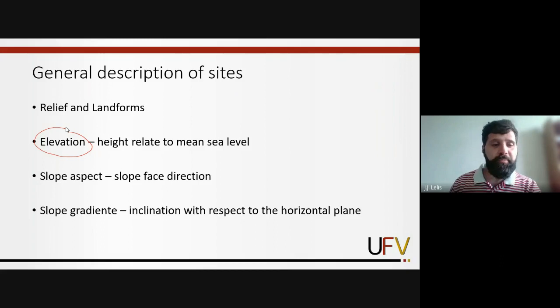This is quite important because the elevation helps us to understand some leaching process, some alluviation or migration of clay and other materials through the soil profile. Okay, of course, higher elevations tend to produce higher leaching or higher alluviation. So it's quite important to register that.